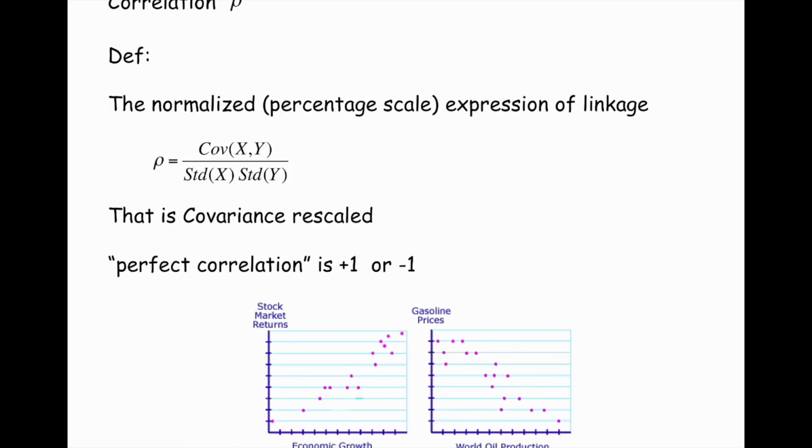Correlation is described by the Greek letter rho, and it's the so-called normalized or percentage scale expression of linkage. To compute correlation, we take the covariance between those two coupled variables and divide by two things: the standard deviation of the first one and the standard deviation of the second one. You can think about it as canceling out units, and now it's on a percentage scale, which is kind of cool.